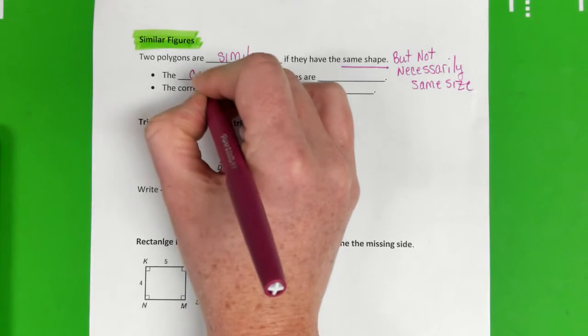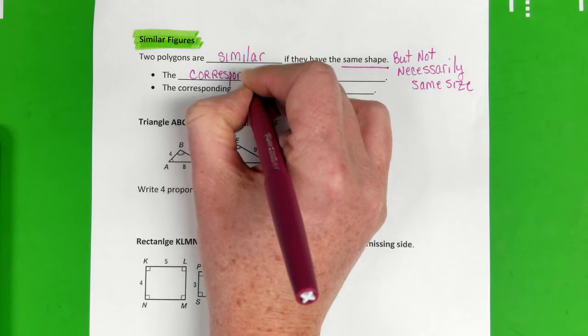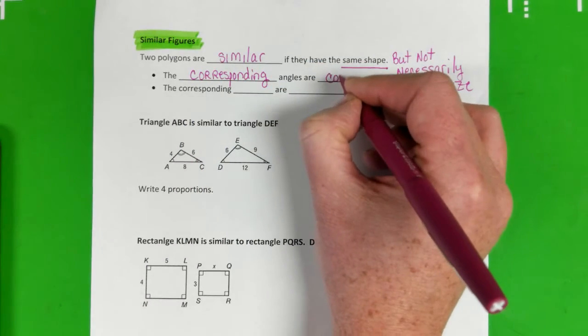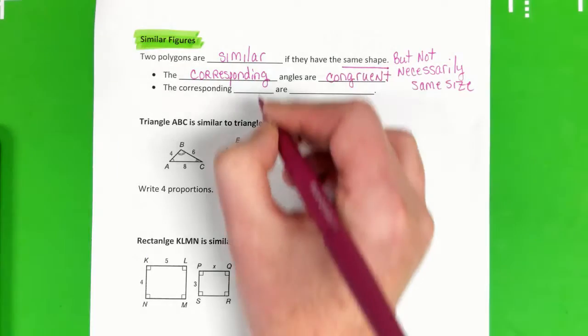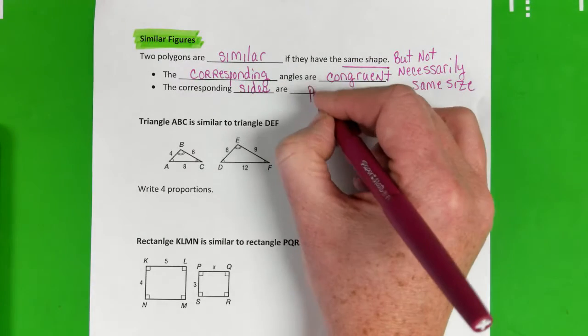The corresponding angles are congruent, and we know congruent means equal, right? The corresponding sides are proportional.